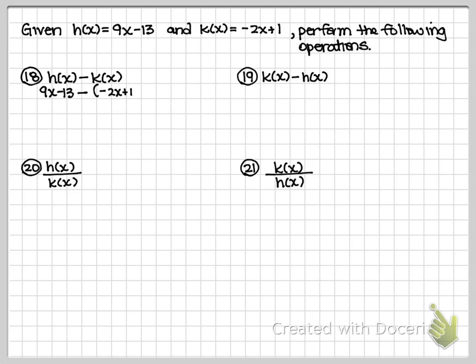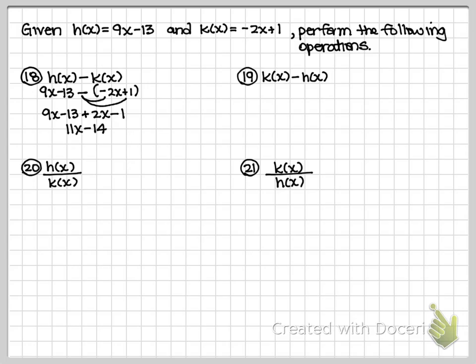Here's the reason why I do that. Because you are subtracting everything in the second function. You have to distribute that minus sign. Everything gets subtracted, not just the first part. So I'm going to drop down the 9x minus 13. If I distribute, that becomes a plus 2x and then a minus 1. Now it's addition, combine like terms. So this is 11x minus 14.